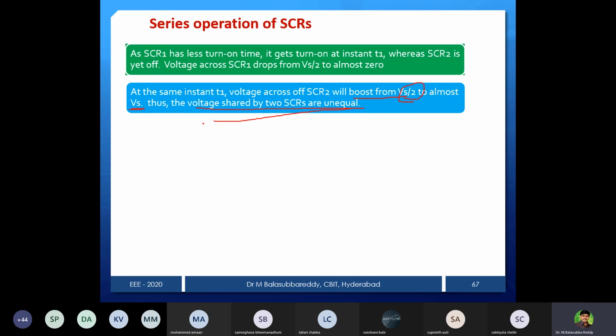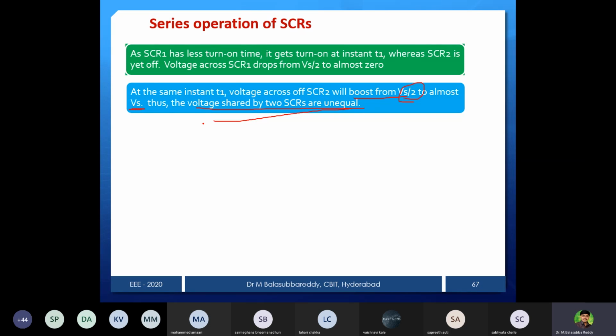One problem is this. If both SCRs do not have equal turn on time, initially, because of the parallel resistor, each SCR shares equal voltage, Vs by 2 and Vs by 2, total is Vs. But if one SCR's turn on time is less, SCR1 will turn on first, then the voltage across it will be 0. The remaining second SCR is still in the off state because its turn on time is more.